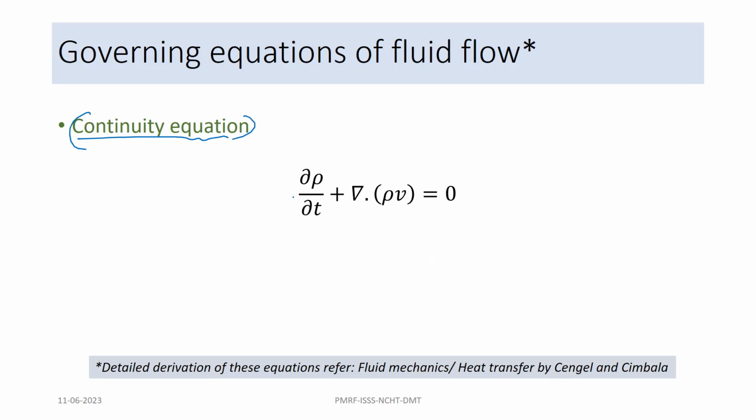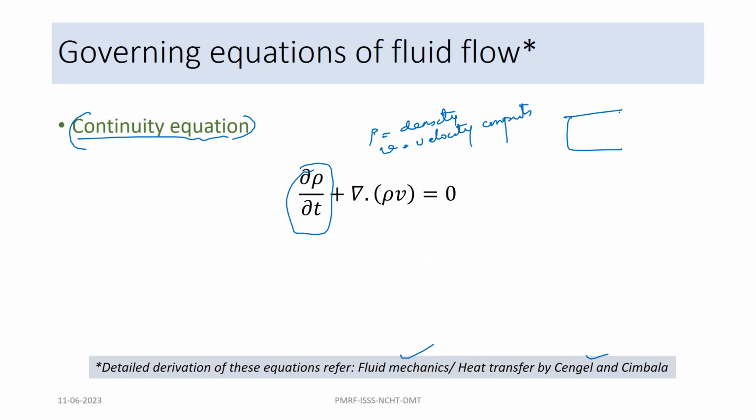All the detailed derivations are available in the Heat Transfer book by Cengel and Ghajar; you can refer to that for the complete derivation. In the continuity equation, rho is the density and V is the velocity.